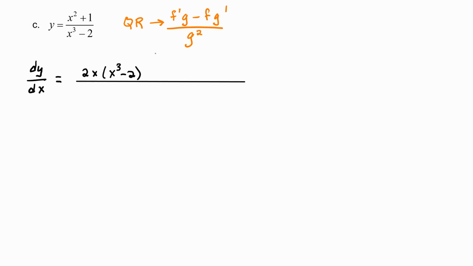Then we have to subtract f, which is the numerator, x squared plus 1 times g prime, which is the derivative of the denominator, 3x squared. And then we have to put that over the denominator squared. So the quantity x cubed minus 2 squared.